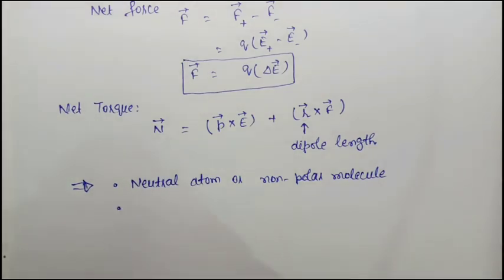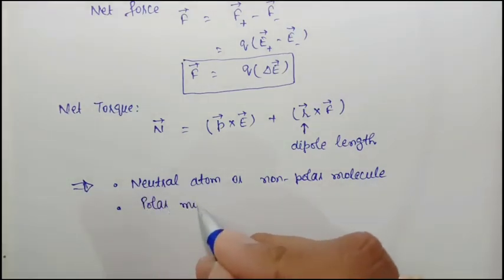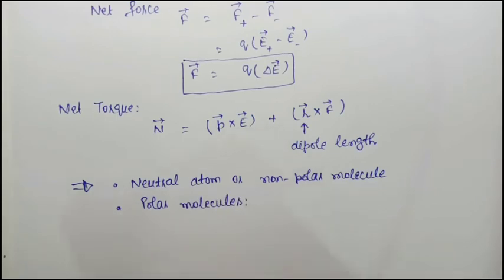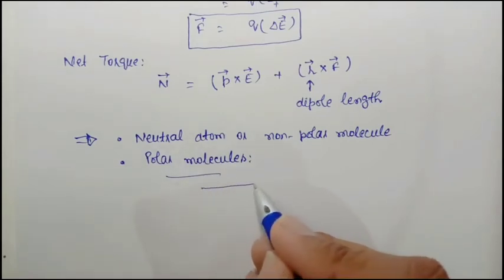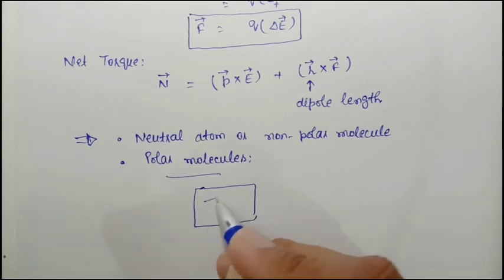In the second case, when we have polar molecules, that is, we already have permanent dipoles.